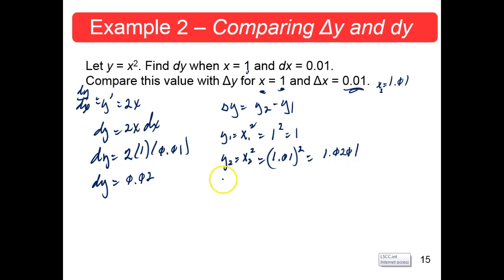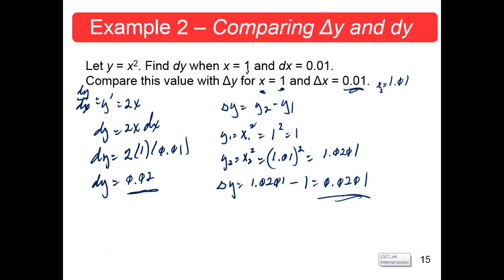So your change of y, your actual change of y, is going to be your y2, 1.0201, minus your y1, which was 1, and this is 0.0201. So here was your dy, here was your actual change of y. Awfully close. 0.0001 apart. Really, really close.